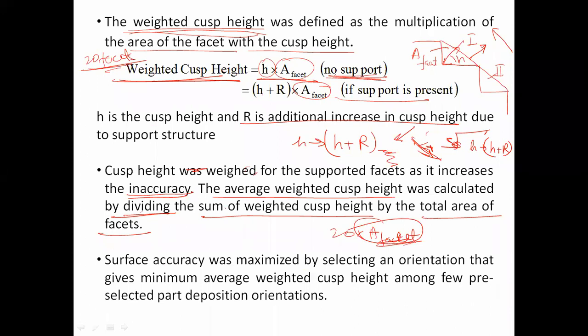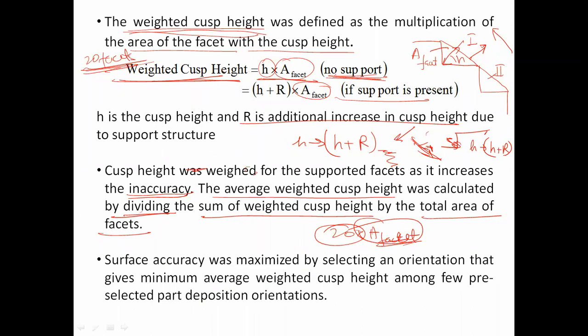That is how you got the average weighted cusp height. I'll repeat: it is the sum of the weighted cusp heights of the 20 facets divided by the total area of the 20 facets that you took into consideration.